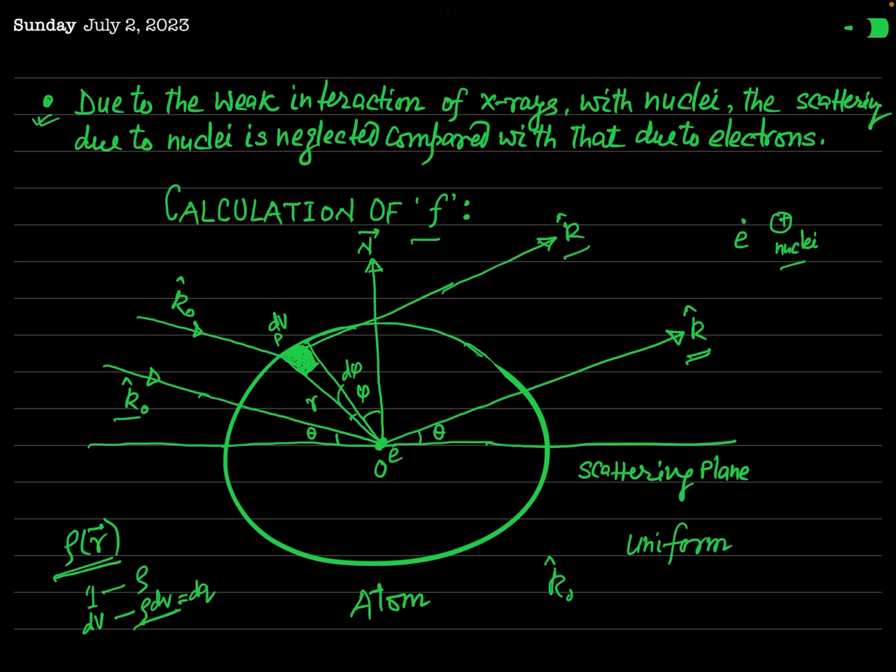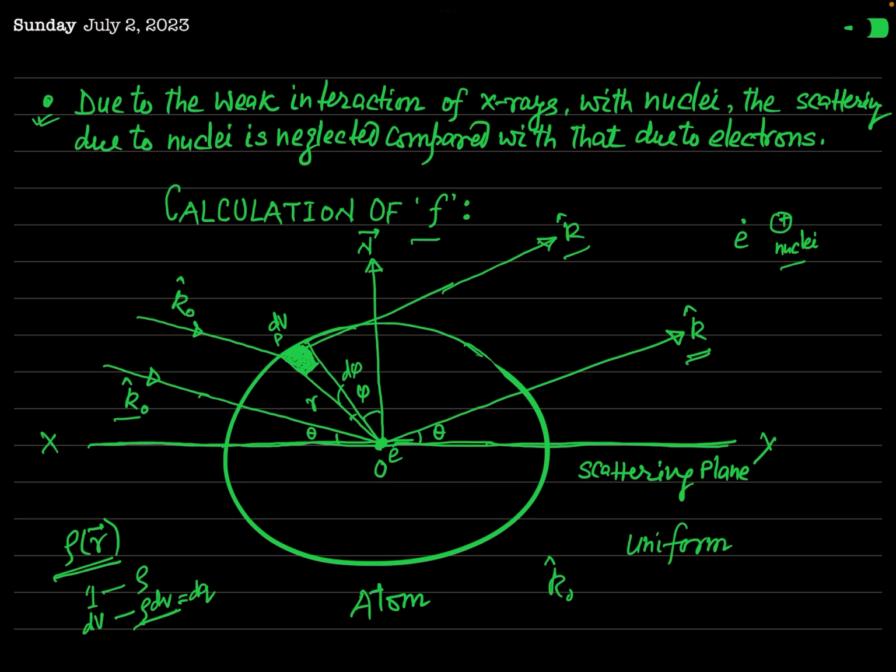Now, for calculation, I have considered this line, let us say, I am writing it xy. This is not a line, since I have shown this in a two-dimensional plane. So this appears like a line, but this is actually the plane, or you can say scattering plane, or you can say this is Bragg's plane.